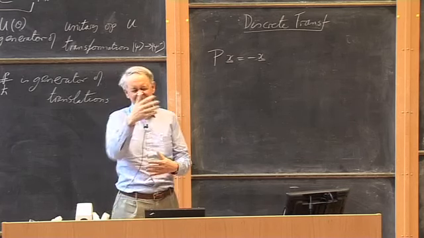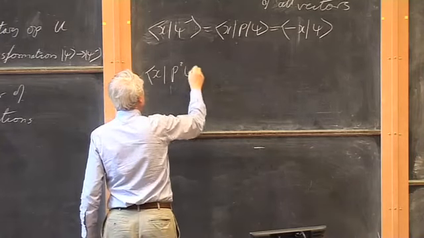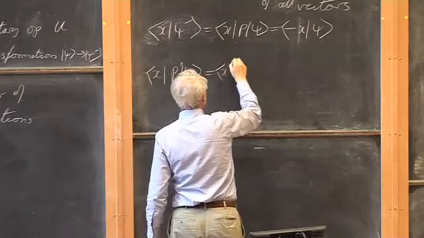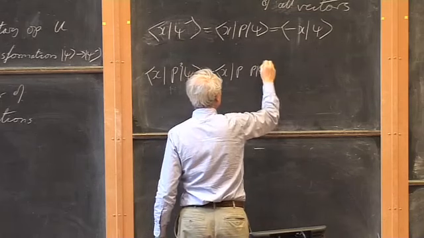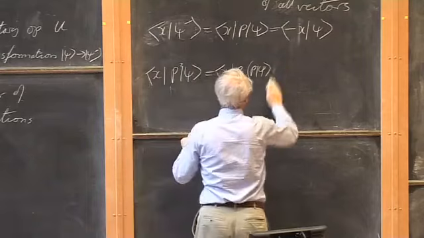And what interesting statements can we make about this? Well, one very obvious statement that we can make is that if we look at x P squared at psi, then that's x P at psi by definition, obviously.